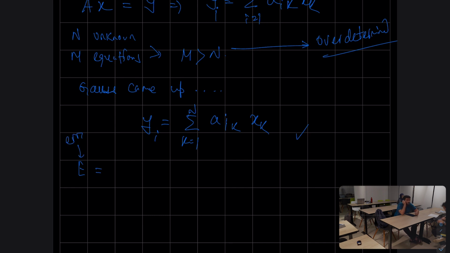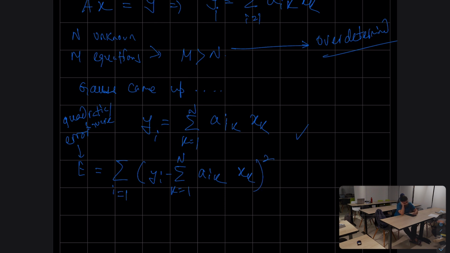This is a quadratic error or a square error, he called it. Quadratic means square, but it's least square so you should call it a square somehow. So yi minus sum over k equal to 1 to n of a_ik x_k, and square it. So that's the idea of a square error, i from 1 to m.